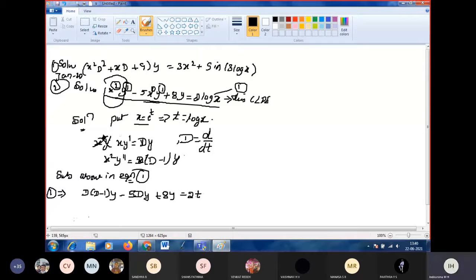Okay, next. Take y common. So D squared minus D, minus 5D plus 8, into y is equal to 2t. Simplify, it becomes (D squared minus 6D plus 8) into y is equal to 2t.